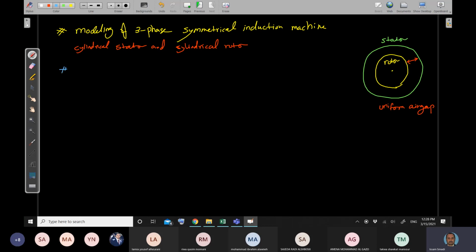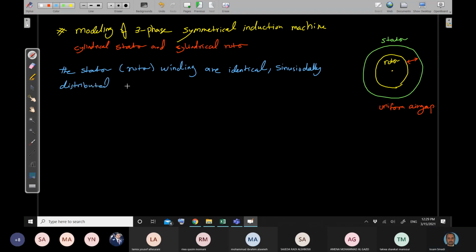So in general, the stator and also the rotor windings are identical, sinusoidally distributed in space, displaced from each other by 120 degrees.